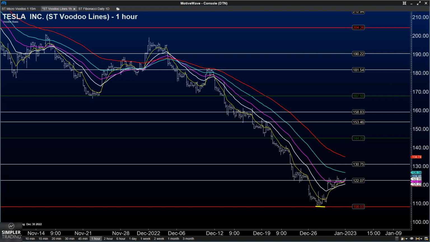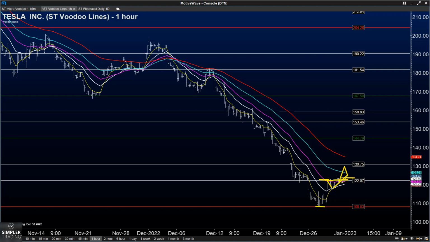Now, if this is truly going to resume a bullish trend from here, then we would expect support to form, and we would work our way above 122.07. That's where we gapped up to on Thursday, but came back down.